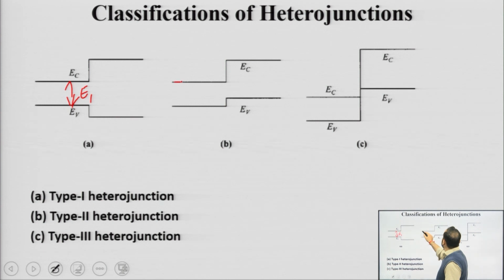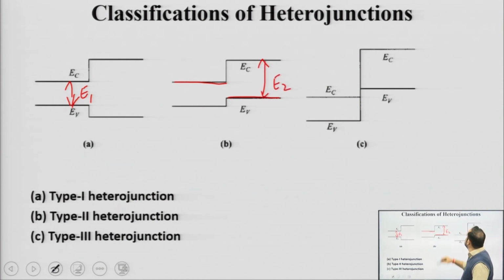The minima of EC and maxima of EV are actually displaced, so if I measure the energy band gap, this E2 is usually higher. In type 3, at the junction they overlap, so it is difficult to identify where the energy band gap is.